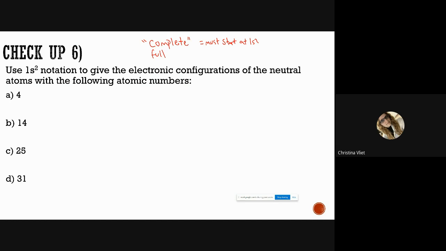What can you use instead? Shorthand. So you can use either if it doesn't specify that you have to use the full, but if they do say you have to use the full, then you do. And sometimes there's an incentive to using the full based on how they're asking the question. So let's take a look at this. Atomic number 4 is what element?